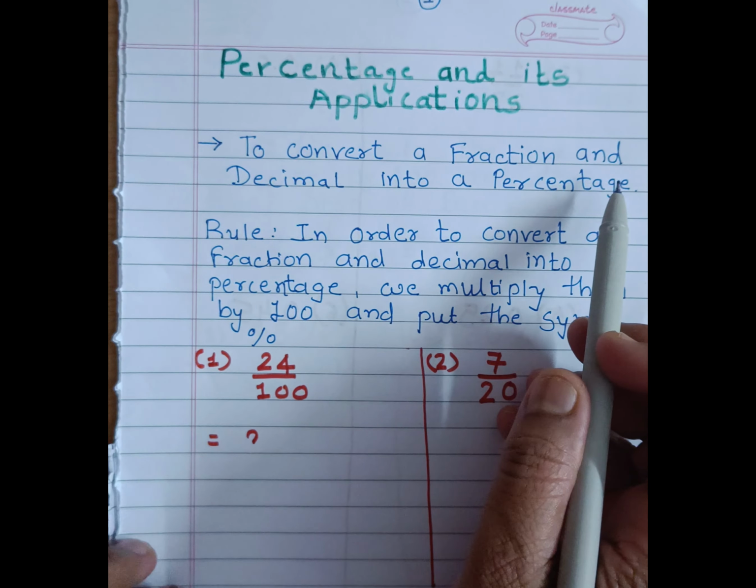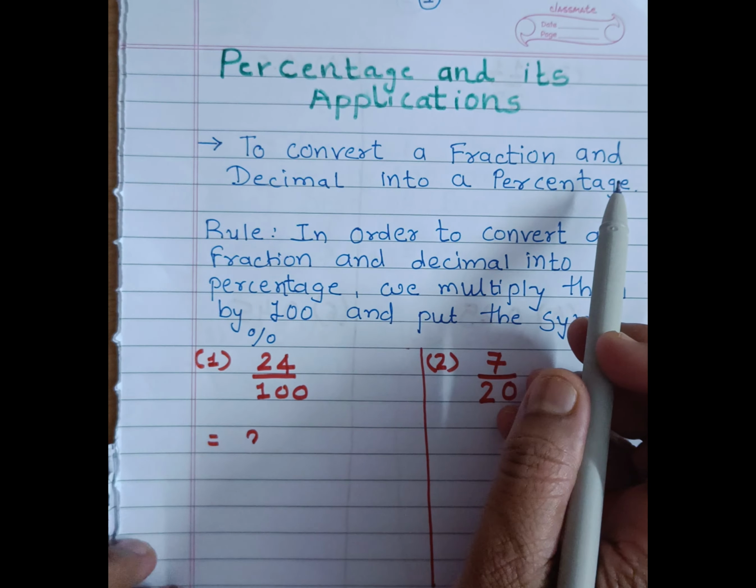Here 24 by 100. To convert 24 by 100, first we multiply 24 by 100 and put the symbol of percentage, which is equal to 24%, which is our answer.